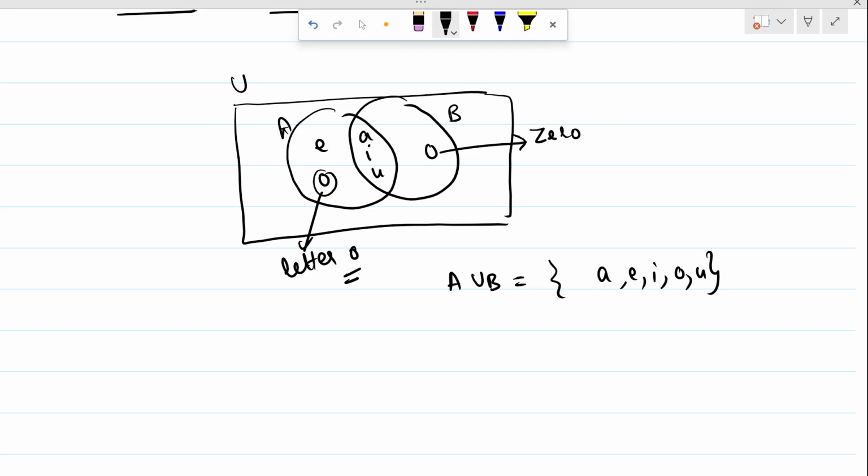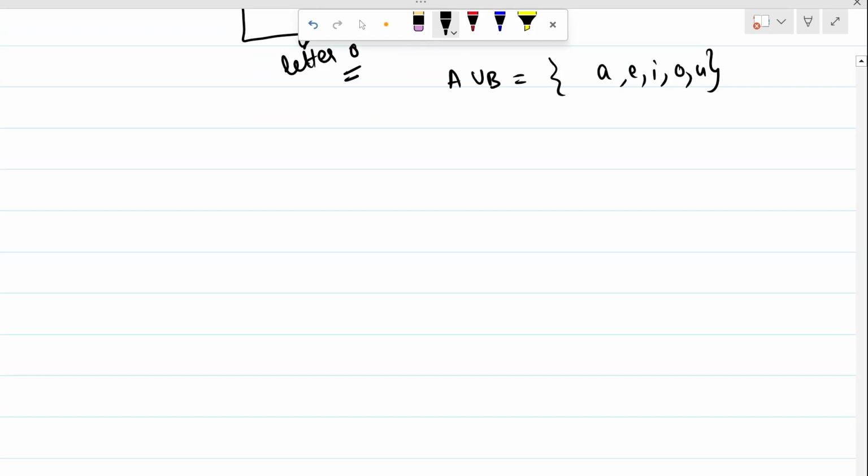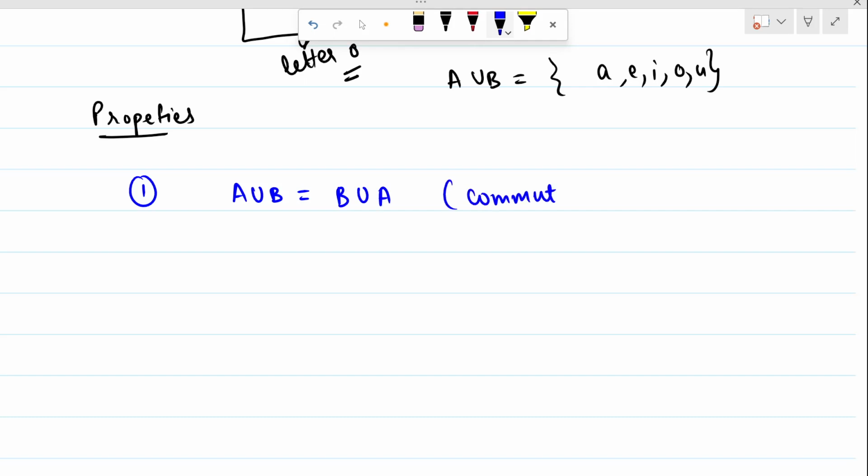So there are some properties of union of sets which will be helpful in solving example problems. First, A union B is equal to B union A, commutative law. Second, A union B union C is A union B union C, associative law.